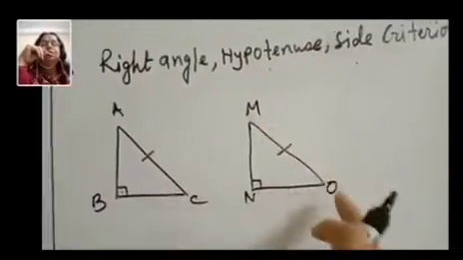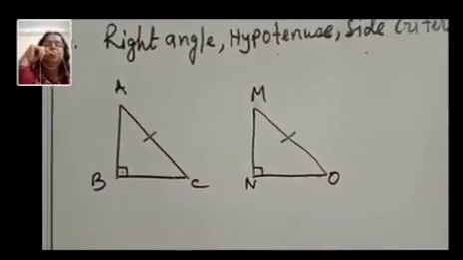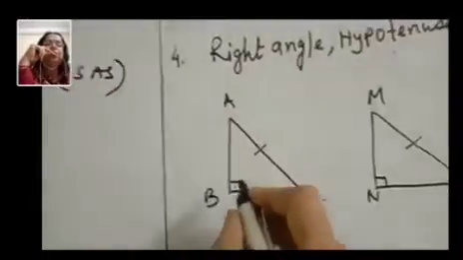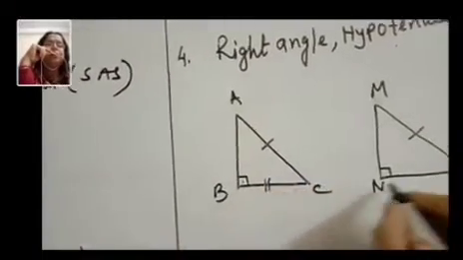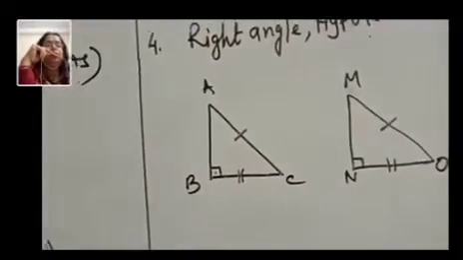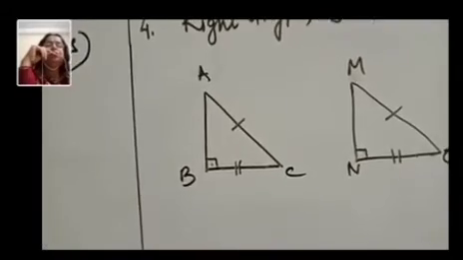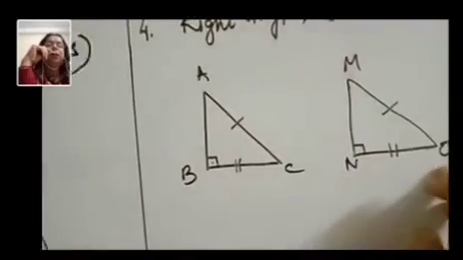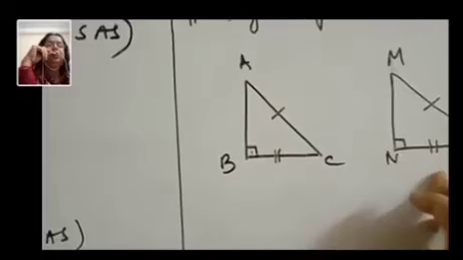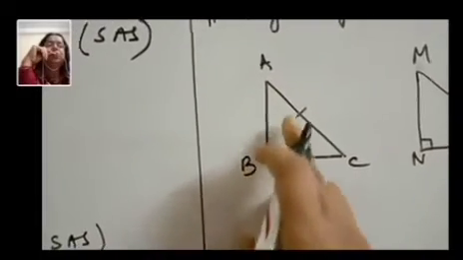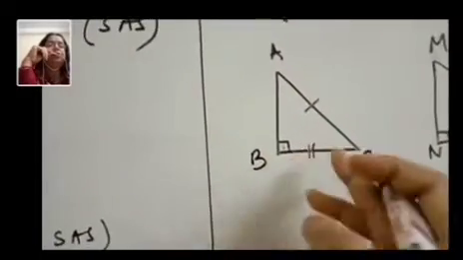So two hypotenuses are correspondingly equal, and angle B is equal to angle N. Any one side, say BC, is equal to NO. Then we can say that these two triangles are congruent by RHS, right angle, hypotenuse, side.